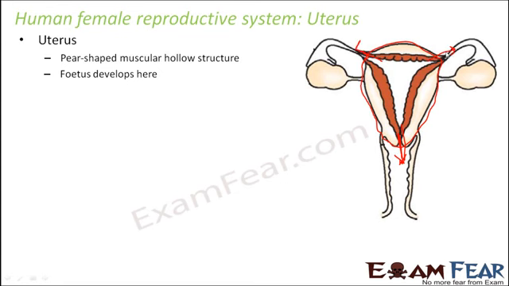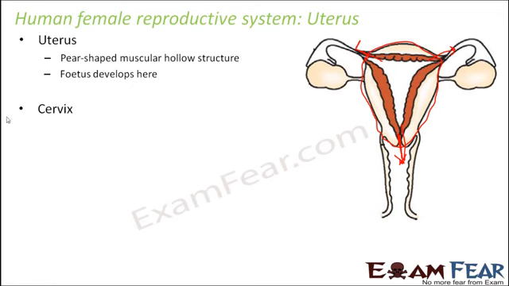The overall location of the uterus is towards the dorsal side of the urinary bladder, just the back side of the urinary bladder, or you can say the front side of the rectum. That is the anus through which the undigested food materials are egested out. So that is the location of the uterus.